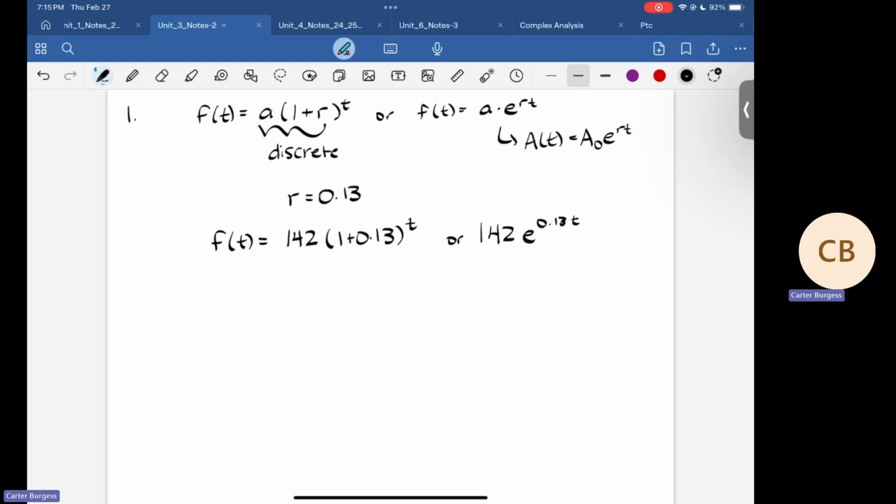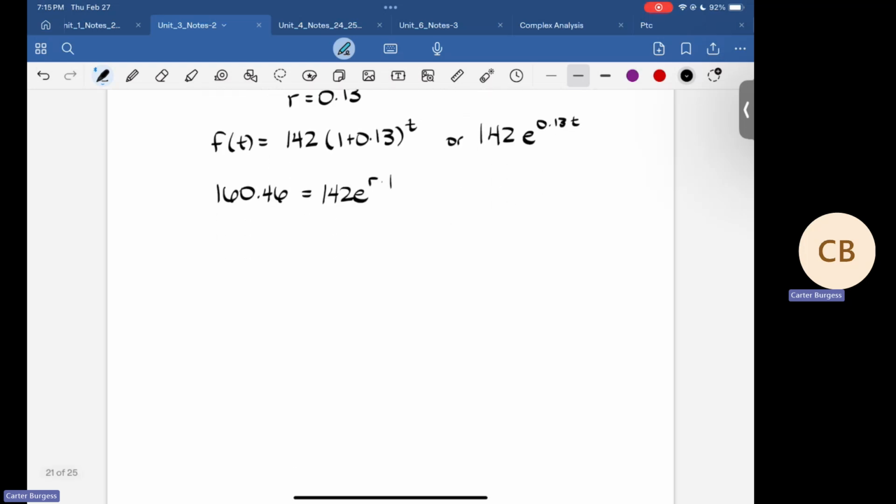So for instance, if we're increasing by 13% each year, then we could say we're going to have 160.46, mostly just for math purposes, mice after 1 year. So 142 e to the r times 1. And then we could solve this for r.